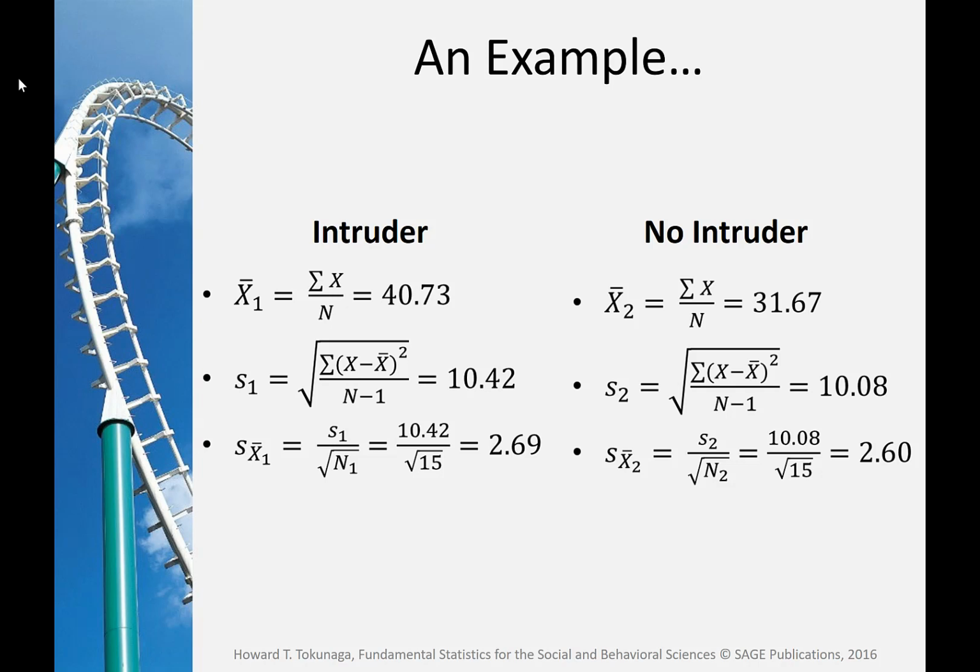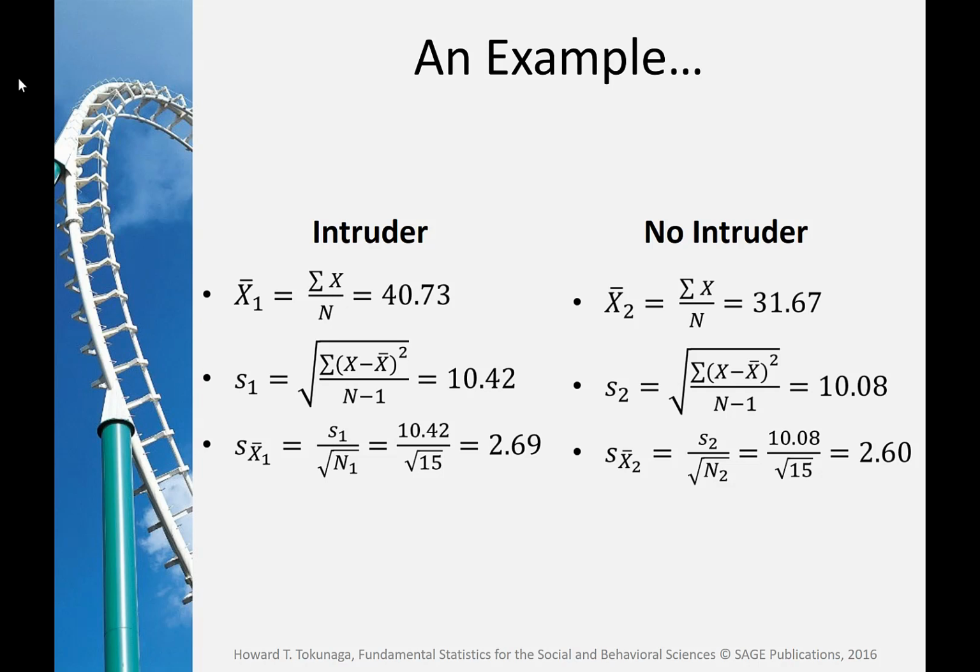The no intruder group, different 15 people in their cars. That average was 31.67 seconds. Let's call it 32 seconds. Is that different from group 1? Yes, the two samples are different. So for an untrained person who has not taken this class before, is there a difference when somebody is trying to get your parking spot?